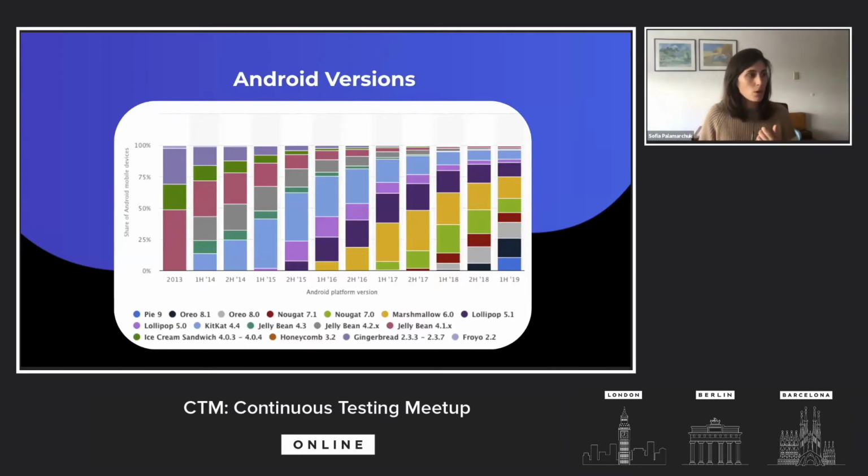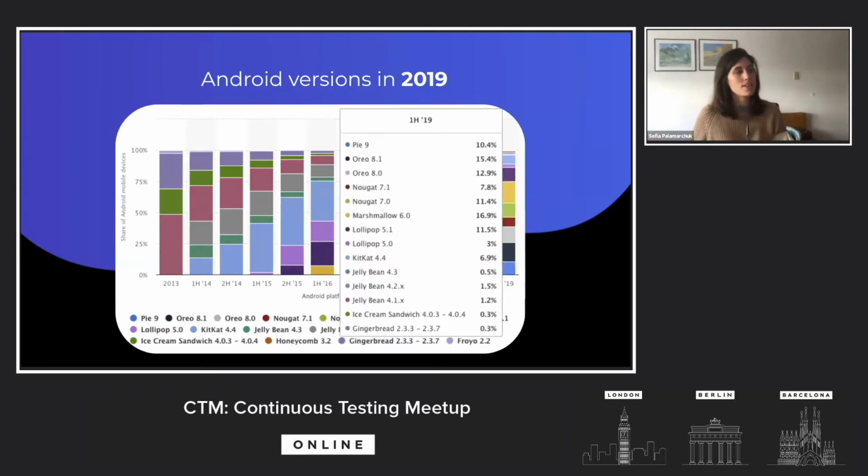And if we go all the way to last year, we can see that this fragmentation means that in order to have that coverage, we need at least 7 different OSs, growing all the way from Lollipop 5.0 to Pie 9, and today we even have Android 10 as well.